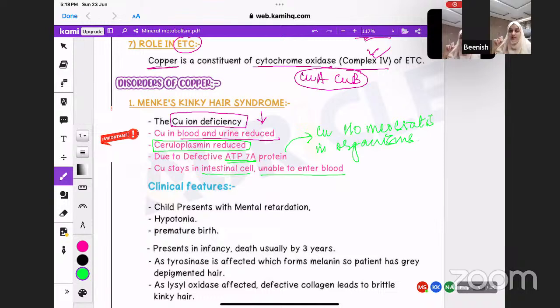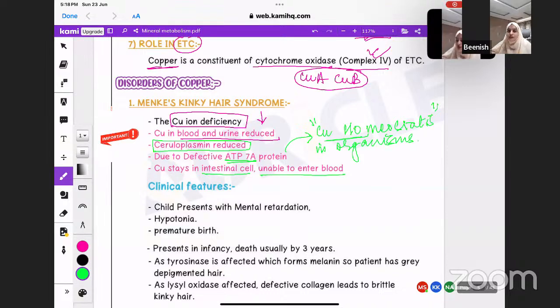Okay. Now this ATP7A protein is involved in copper homeostasis in organisms. Therefore, there is disrupted activity of this protein, which causes copper to be poorly distributed in the body cells.